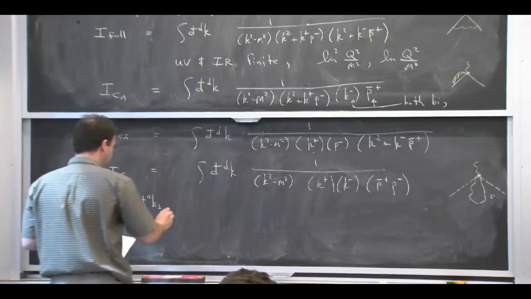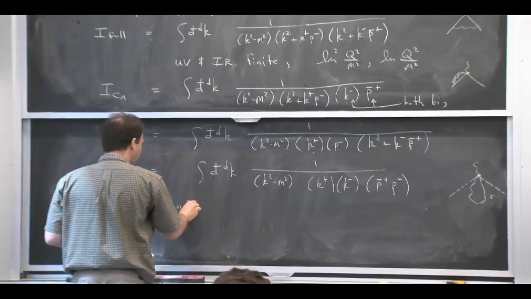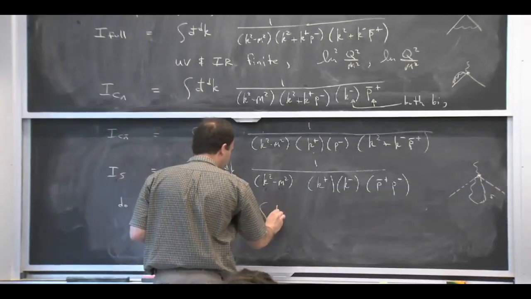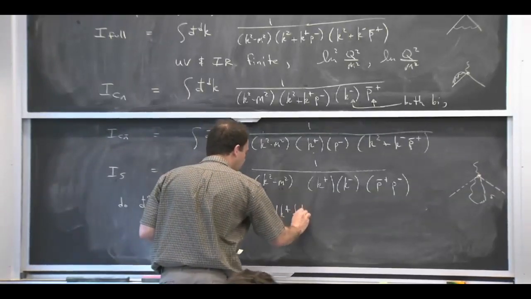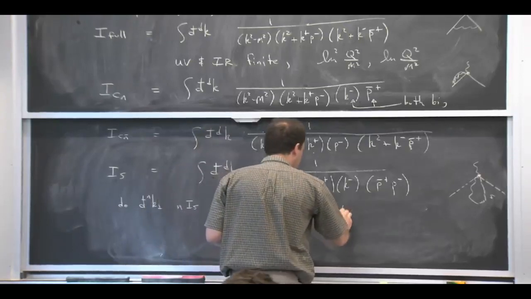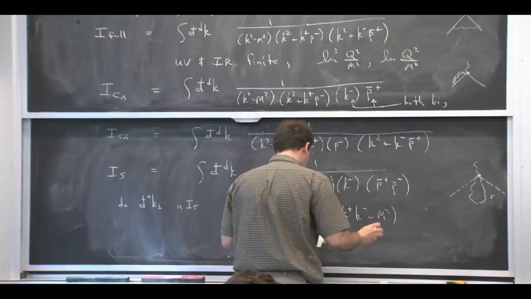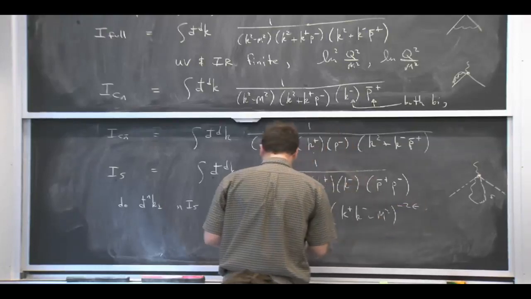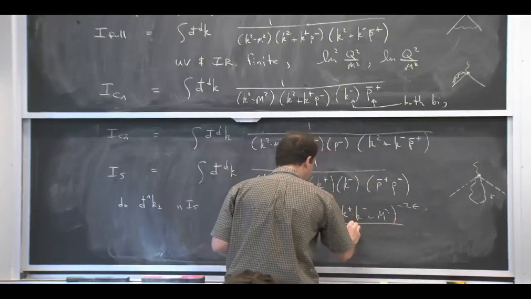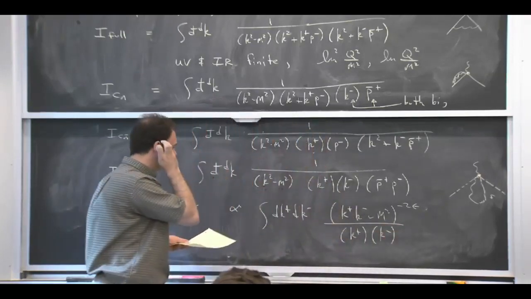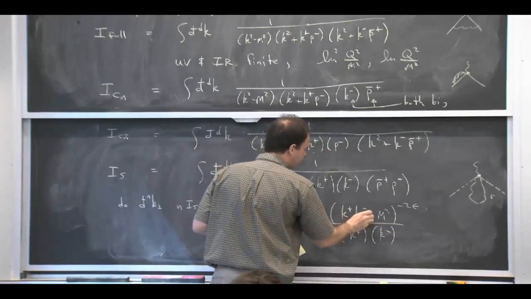And so if we do the perp with dim reg in d dimensions, we would end up proportional to something that's dk plus, dk minus, k plus k minus minus m squared to some power of epsilon, divided still by the factors of k plus and k minus. So you see that the invariant mass is being regulated.